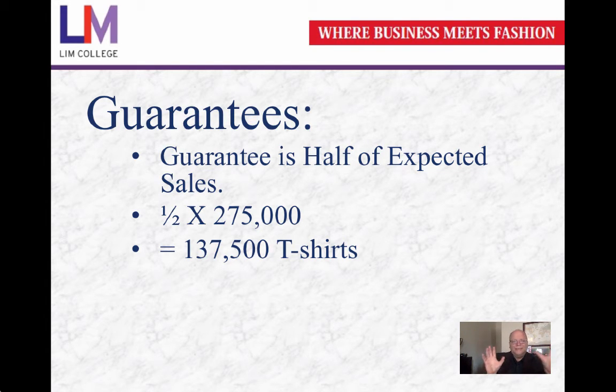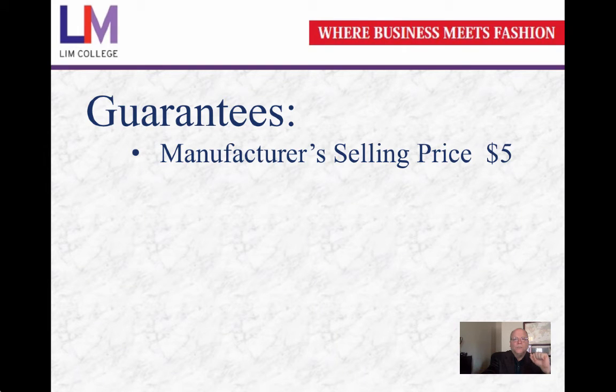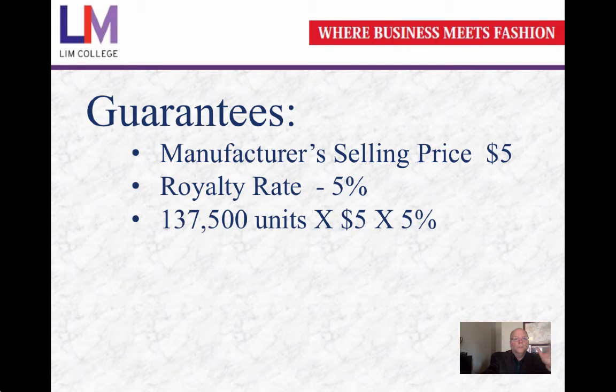The licensee is estimating it can sell between 250 and 300,000 units. I just split it in the middle, 275. The guarantee is half of the expected sales, so half of 275 equals 137.5. Manufacturer selling price is 5, royalty rate is 5. 137.5 times 5 times 5%.